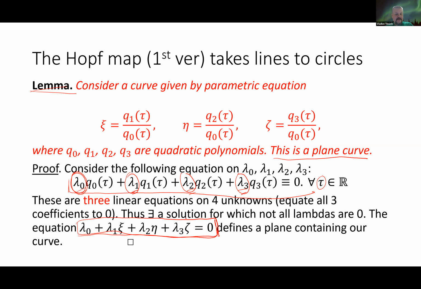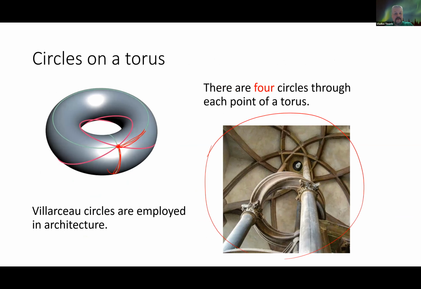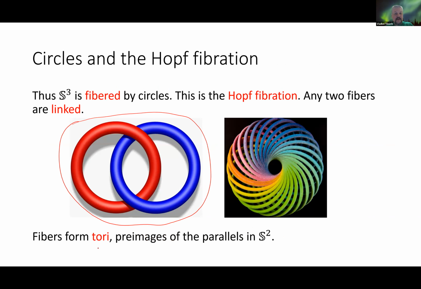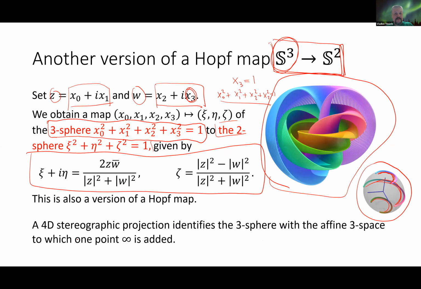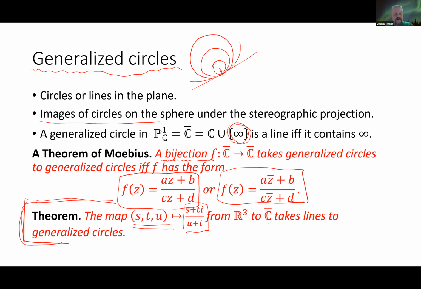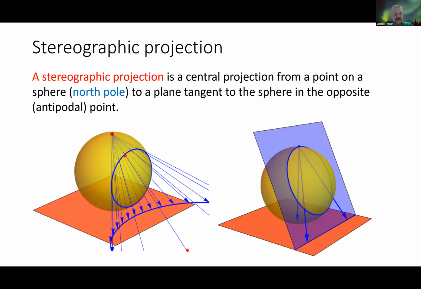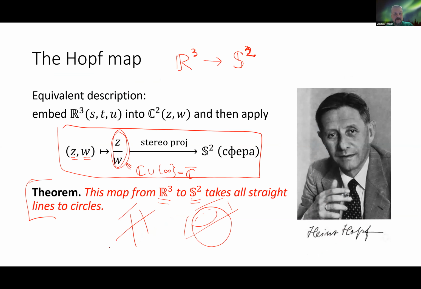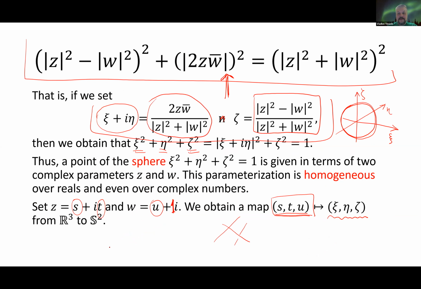it remains just a little bit to prove the theorem, to deduce it from the lemma. What we need to observe is when we take a line and map it by means of a Hopf map, well, like that. So if we take a line, that means that S, T, and U will be linear functions of one parameter tau.